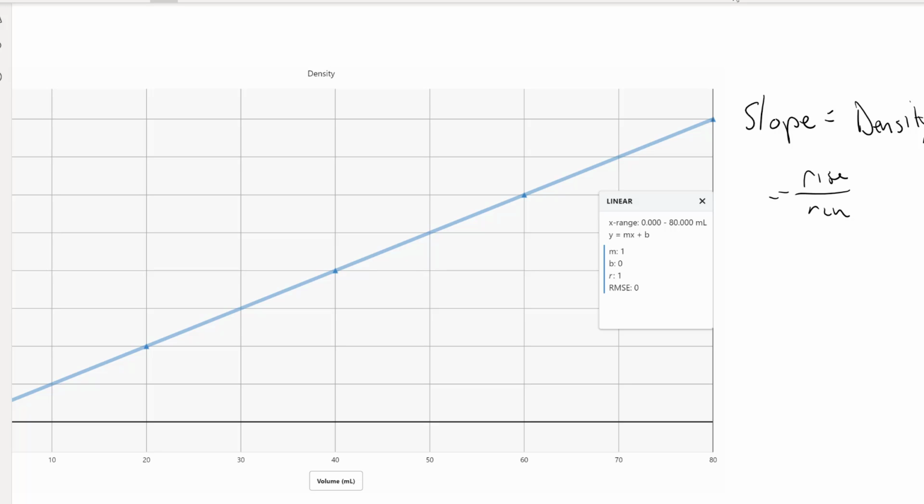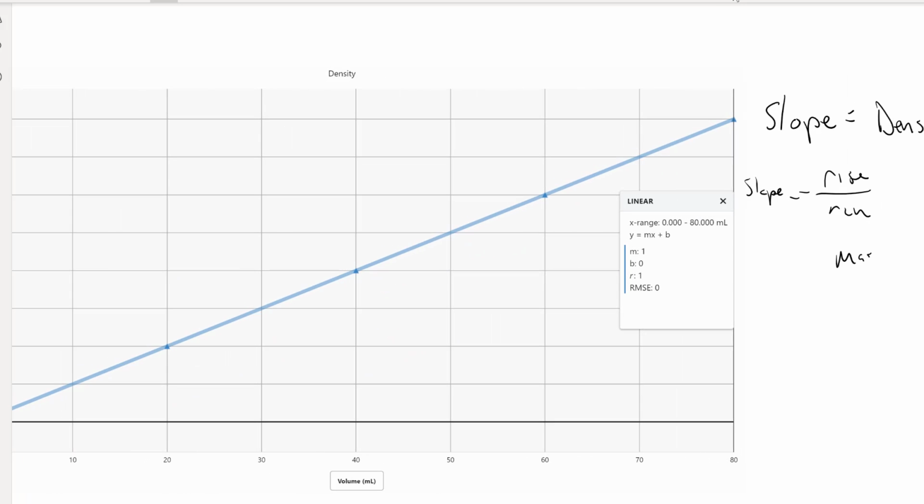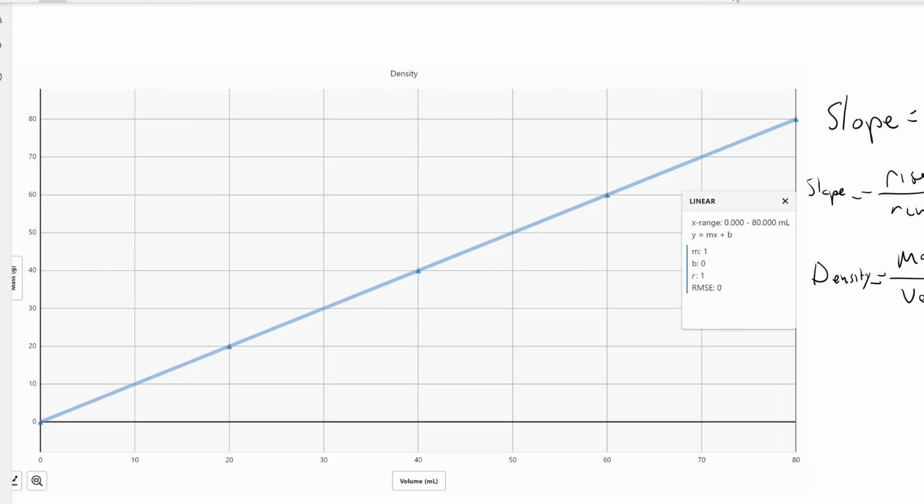If we took the rise, that's the mass over the volume. Well, mass over volume is how you calculate the density. So the slope of those graphs is describing the density of the substances.